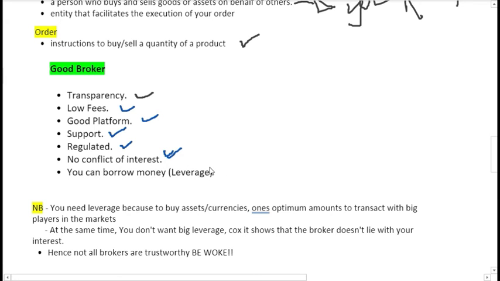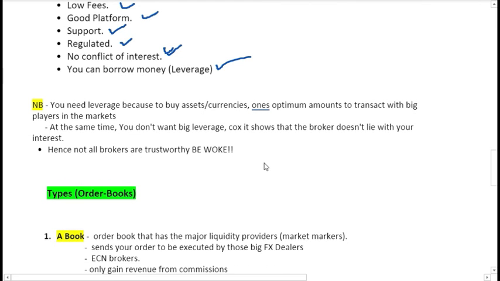I've explained, you should have leverage with a good broker, which should not be that big, because it might have its consequences, right? So remember that you need leverage, because to buy assets or currencies, the ones that we are working with, one needs to have an optimum amount to transact with big players. Like I said, maybe the asset costs 100,000.